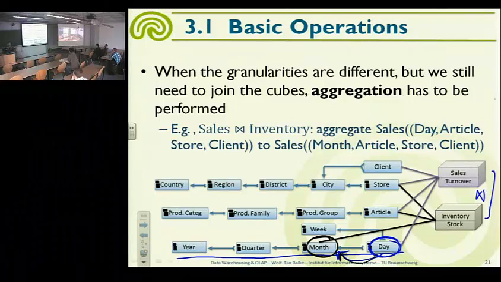So in the sales cube, you just roll up to the month granularity. It's already pre-aggregated, and then you work on that level and forget about the day. Had it not been there, and there was only day to quarter, then you compute it on the fly, and then you can do this join between the two cubes.